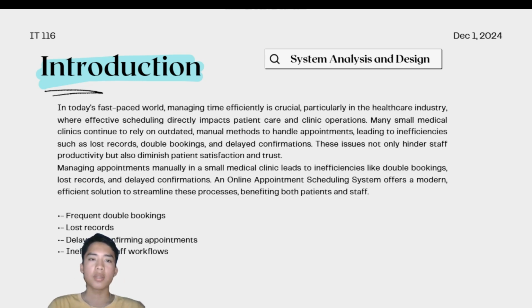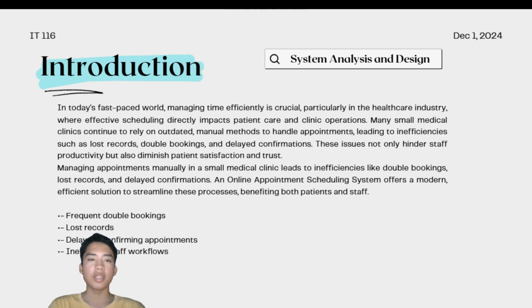In today's fast-paced world, managing time efficiently is crucial, particularly in the healthcare industry, where effective scheduling directly impacts patient care and clinic operations. Many small medical clinics continue to rely on outdated manual methods to handle appointments, leading to inefficiencies such as lost records, double bookings, and delayed confirmations.